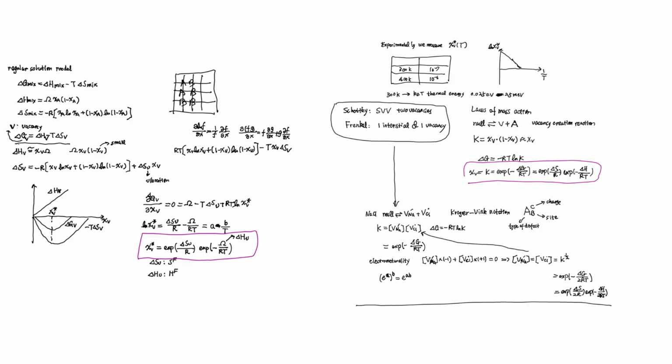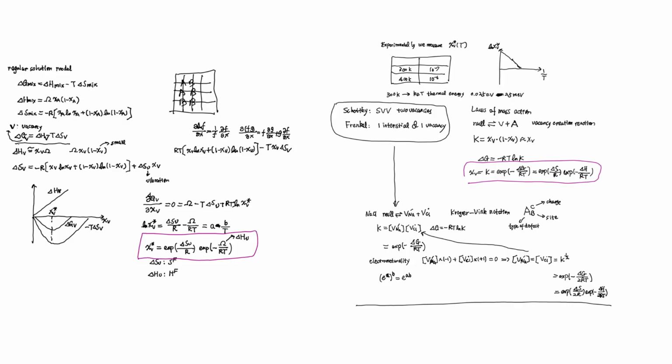I think the table is using different notation. The table is using HF and SF. So basically, the delta SV is SF in the table, and delta HV is HF in the table.